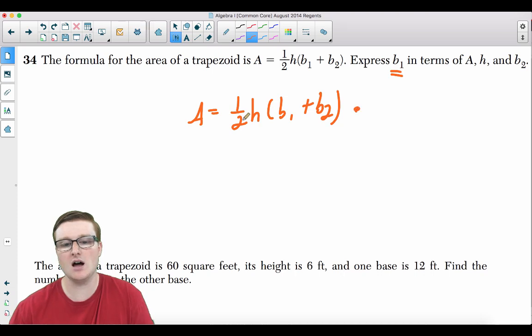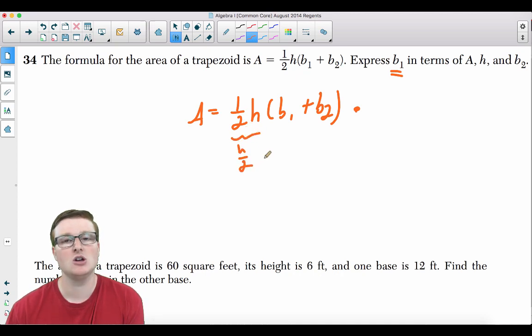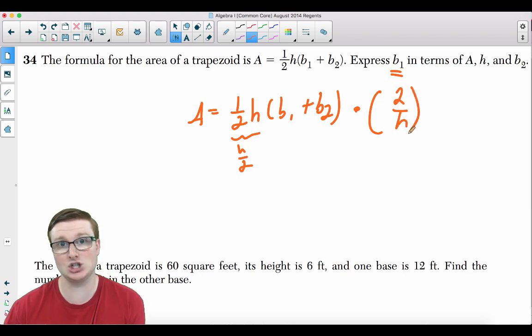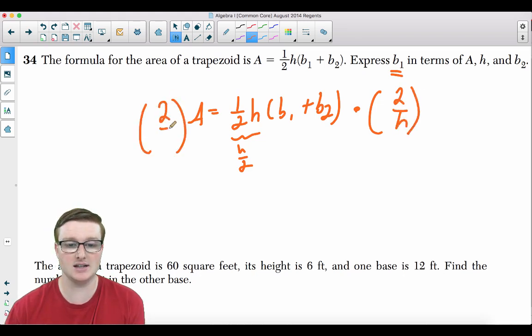So in order to do that, we are going to first multiply by the reciprocal of 1/2 h. 1/2 h is really just the same thing as saying h over 2. So we're going to multiply by the reciprocal of h over 2, which is 2 over h, on both sides.